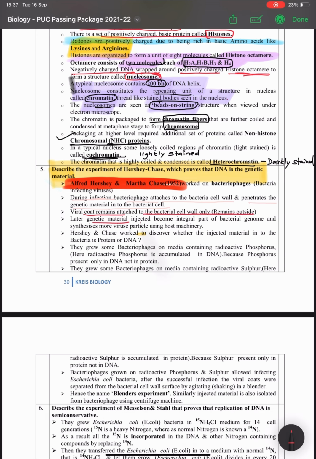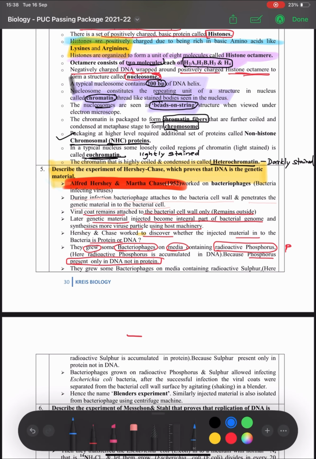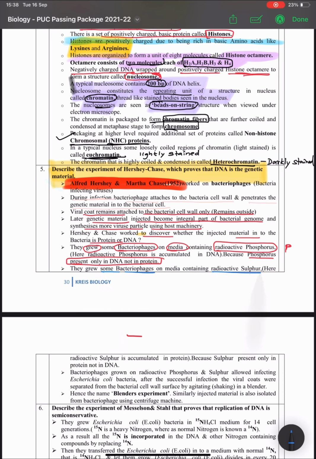They leave their viral coat outside, and the genetic material is injected, integrates with the bacterial genome, and multiplies using the host machinery. They used two different materials, radioactive phosphorus and radioactive sulfur. They grew the bacteriophage in media containing radioactive phosphorus and radioactive sulfur.